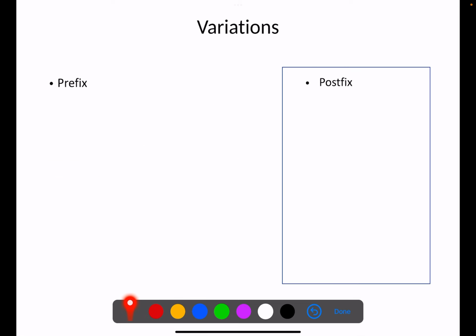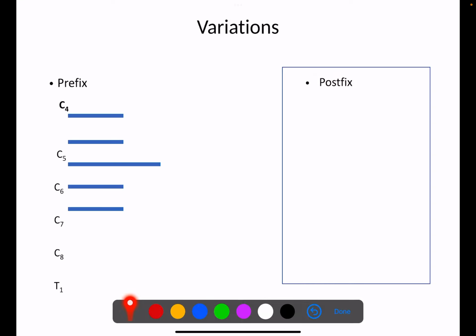Now, what do we mean by prefix and postfix plexus? We have seen that the brachial plexus is formed by C5 to T1. In a prefix plexus, the contribution from C4 is main, while the contribution from T1 is minimum.